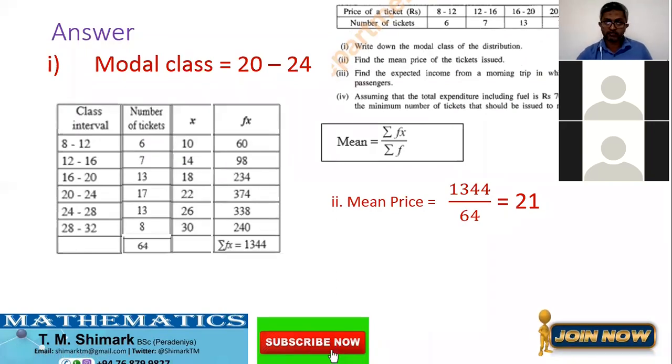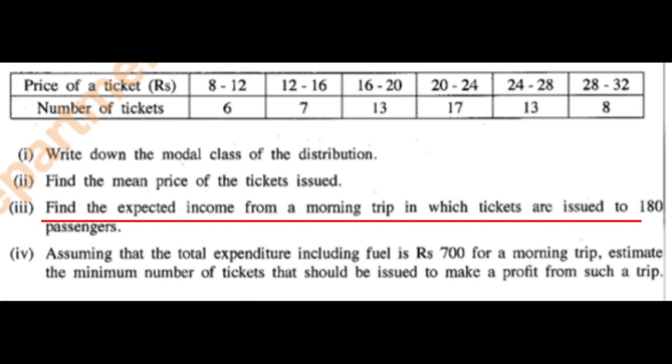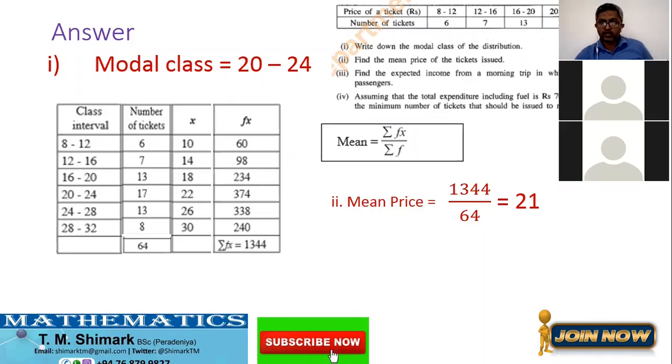Right, now the next part of the question is, find the expected income from the morning trip. Can we give you the answer for that? Find the expected income from a morning trip in which tickets are issued to 180 passengers. Answer, I got one answer, right?